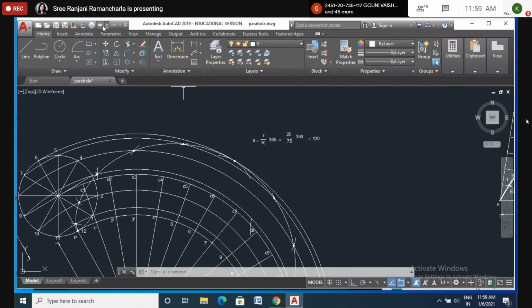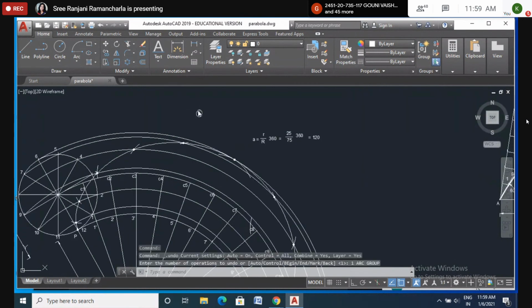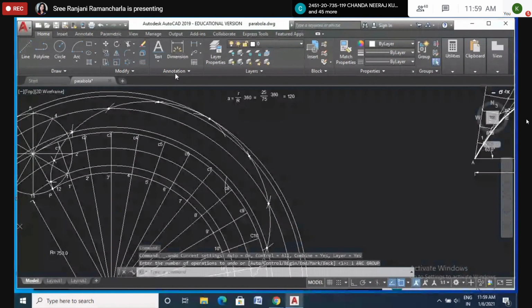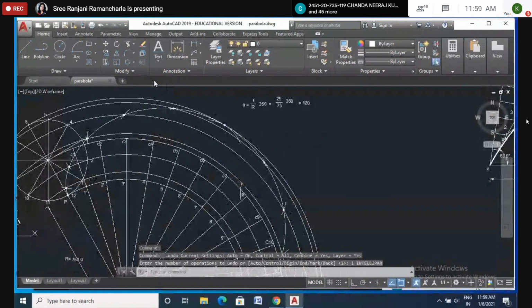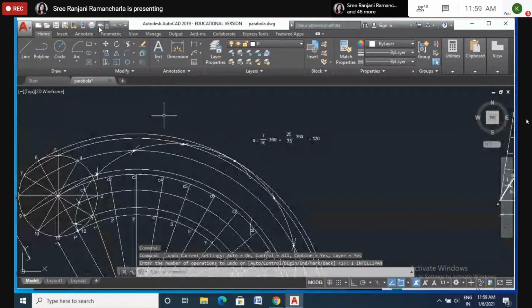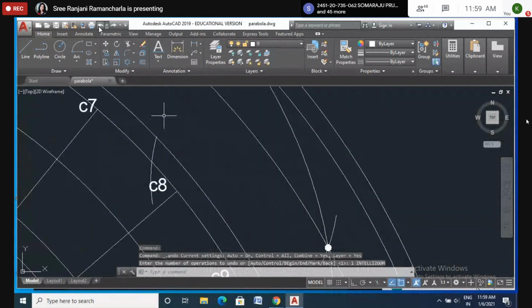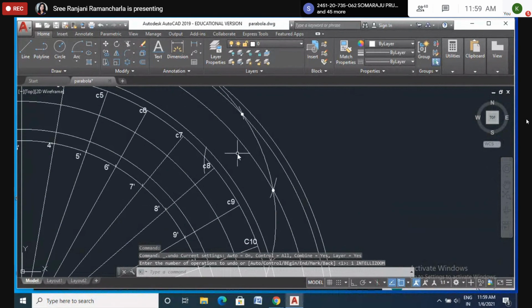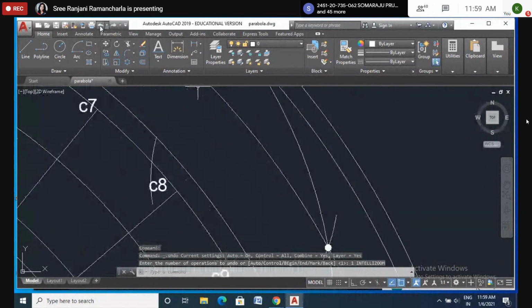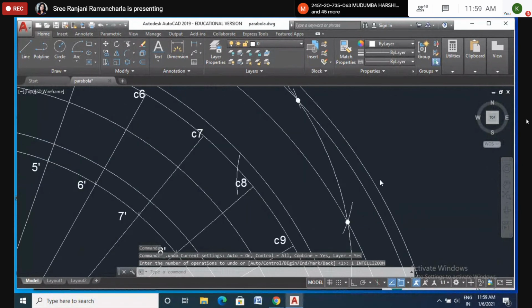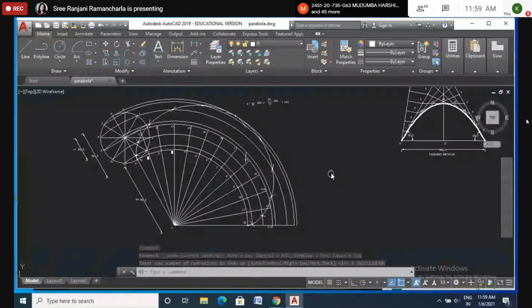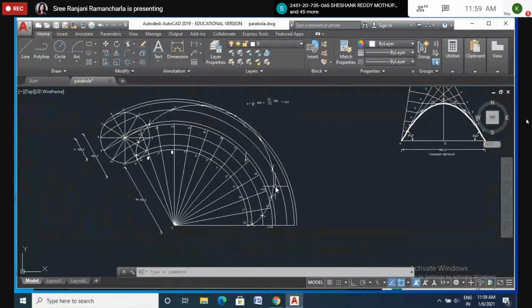You can take like that also. Let me see where it is there. Okay, leave it. Again, I will take that point. I'll keep that point here.